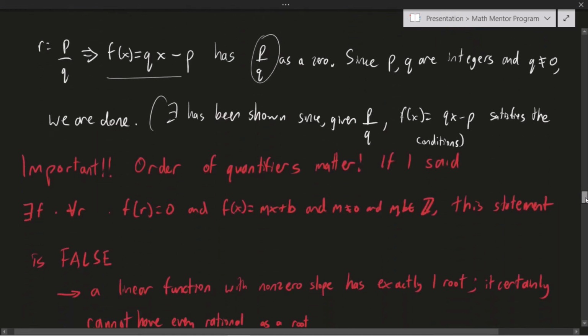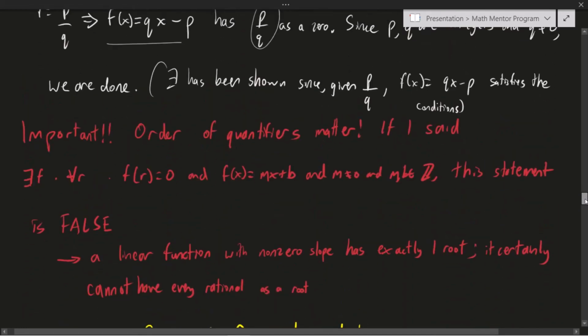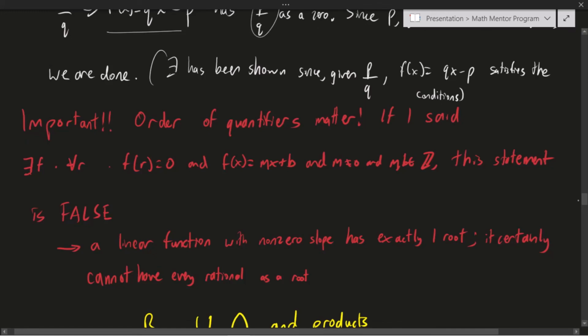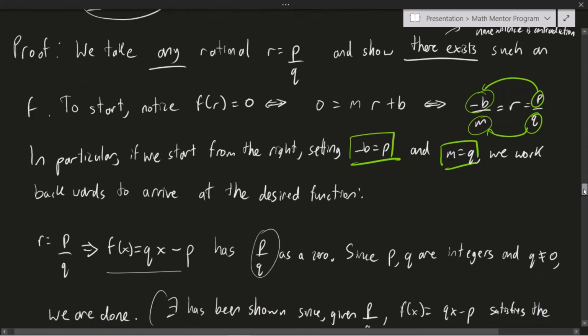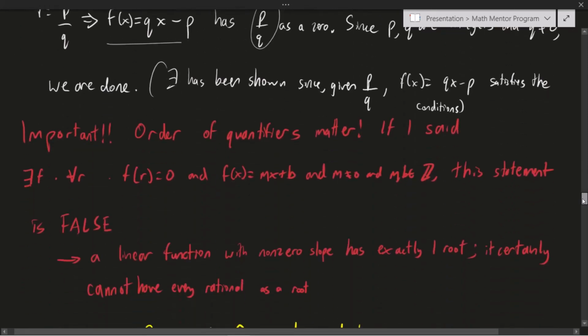The last thing I want to say about this is the order of quantifiers matters. So notice that when I wrote this formally, I said for all r, there exists f. If I'd switched it around, there exists f for all r, right? That's a fundamentally untrue statement, right? So if I said there is an f such that for any r, right, properties, okay?